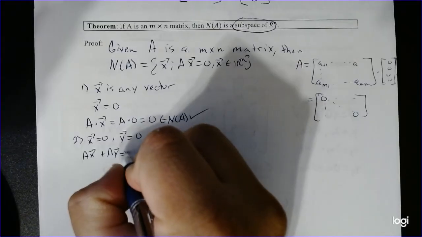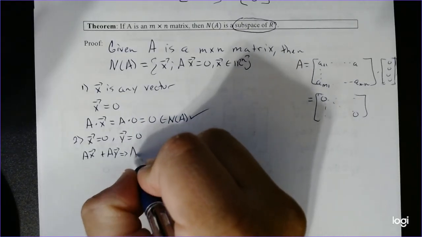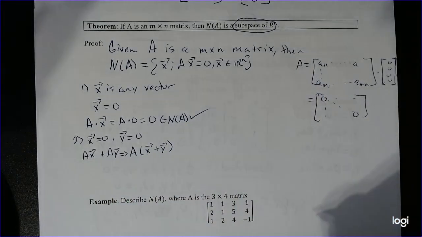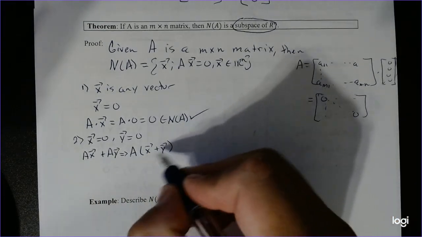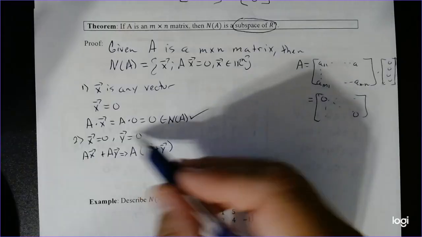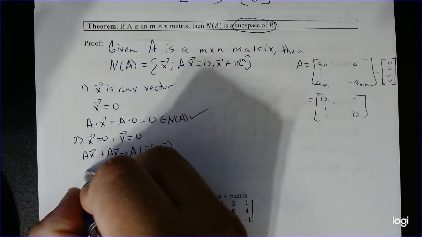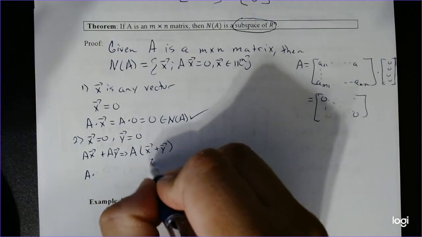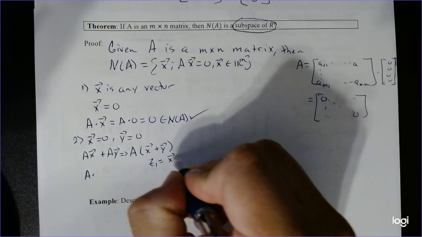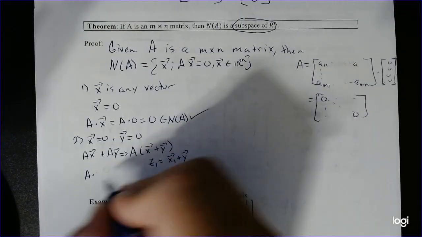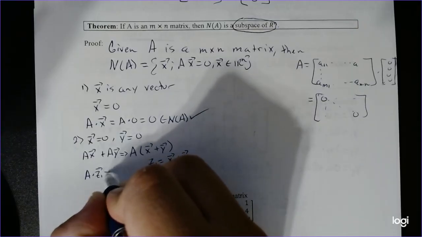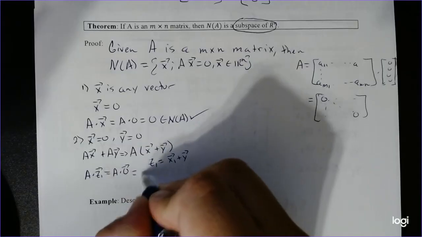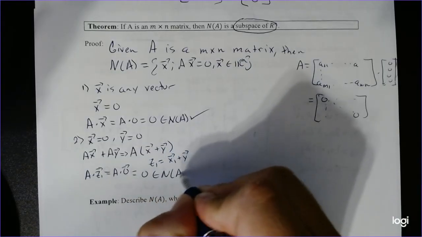Or more easily, if I just factor that out and add the vectors themselves, I know if I add two vectors that are basically 0, that gives me 0. Or if you want to define it, let c1 equal the sum of those two, which is now the same process as above. So that is contained in the null space.